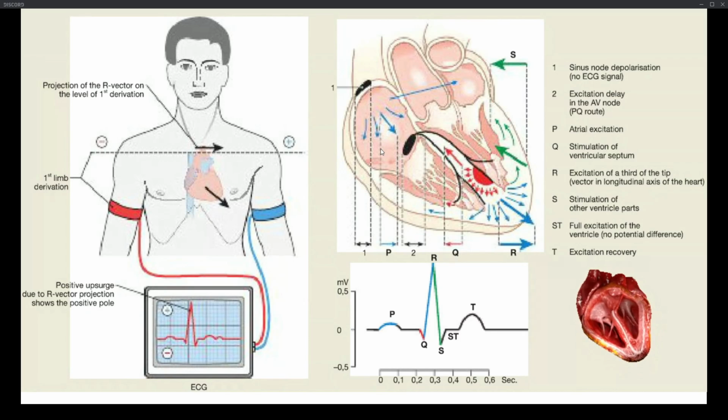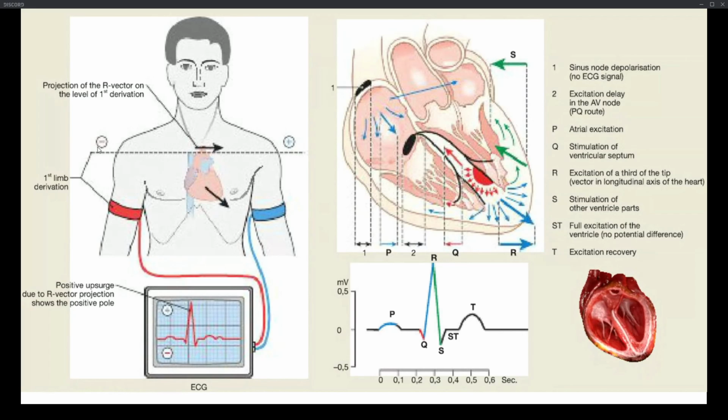Okay, ECG basically means electrocardiography, and I will explain a little bit how it works. So you basically try to read the depolarization of the electrical field.